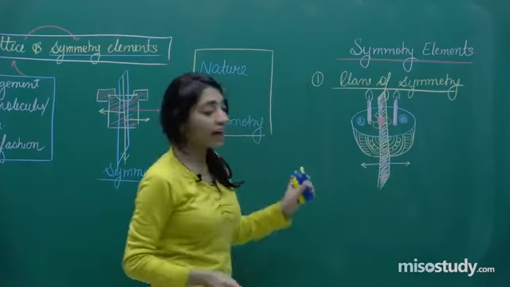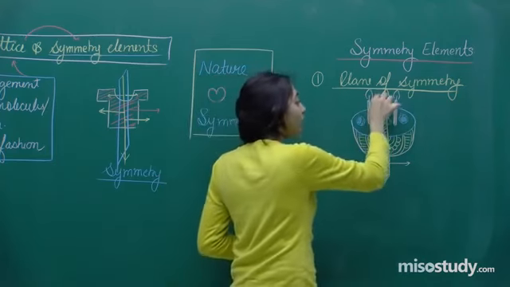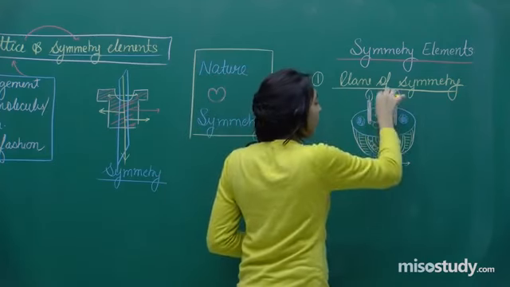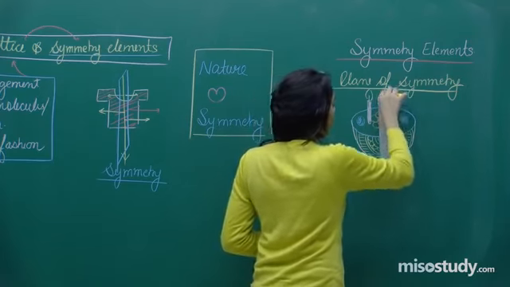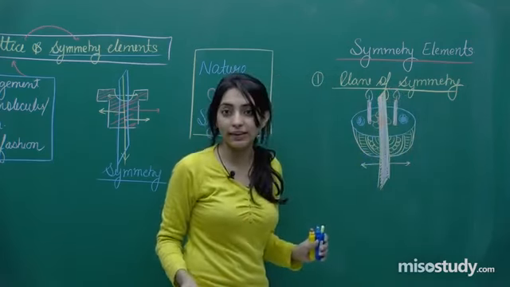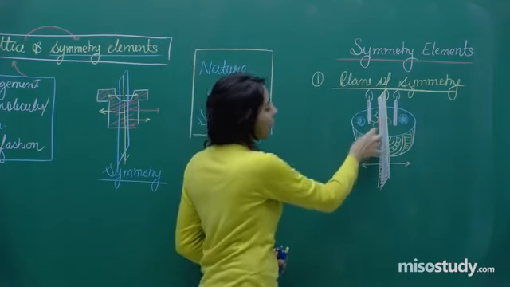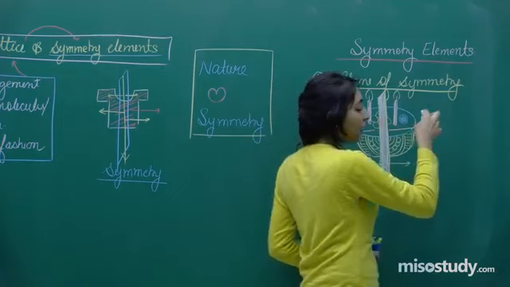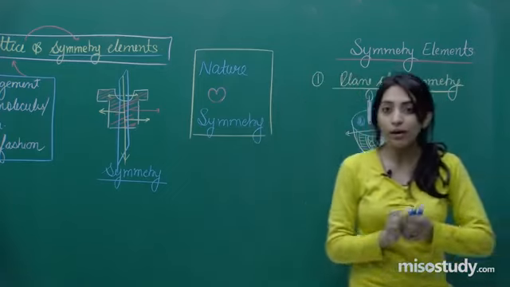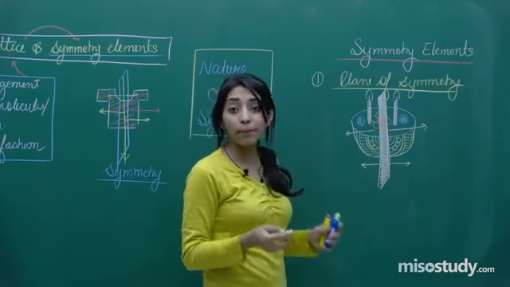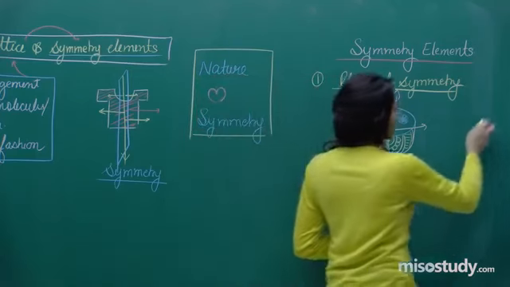Any such plane which can divide the cake into two equal halves can be called the plane of symmetry. Now it is dividing the complete cake into two equal halves, right? Let us see how the same thing is applied to the crystal system.